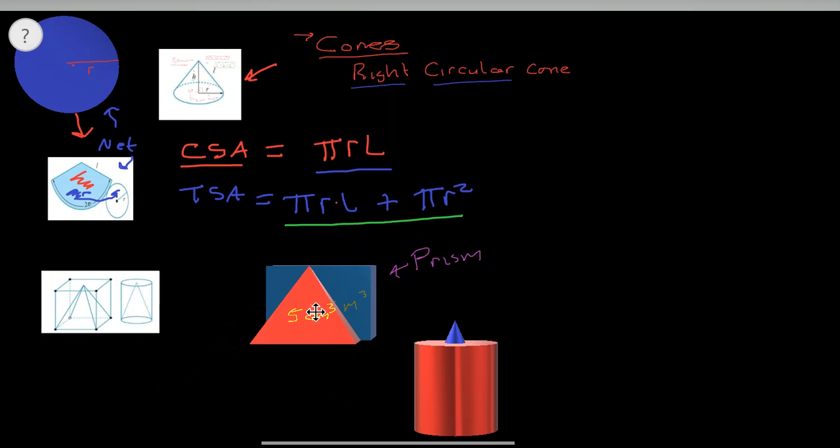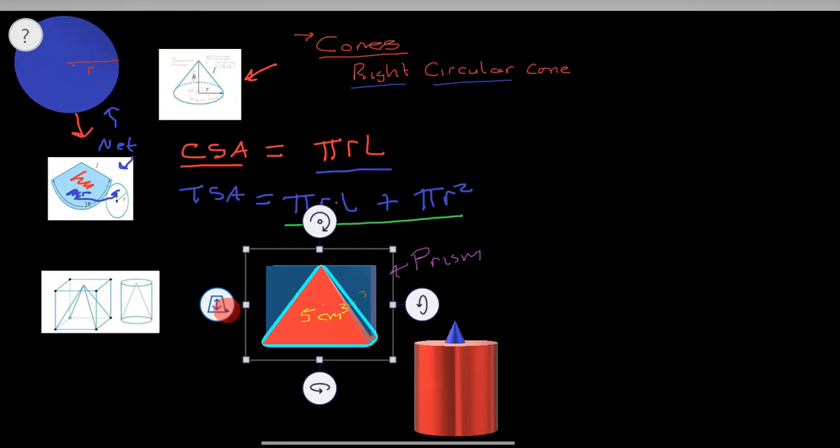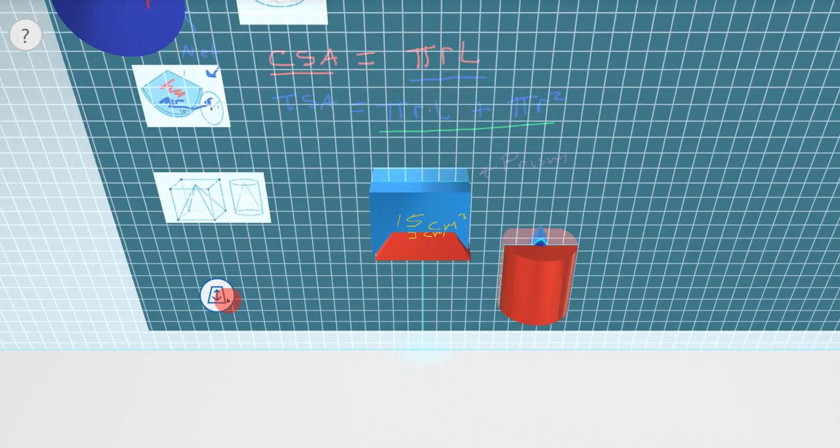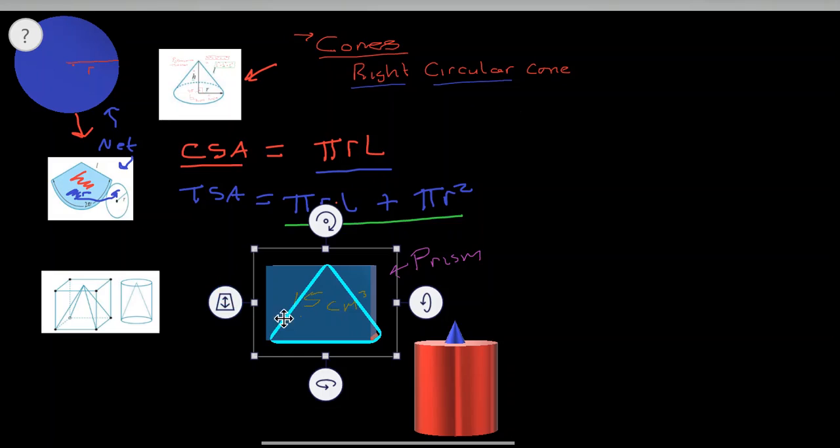So if you were to fit this in here, like so, what would happen? Okay, so it fits in there perfectly. So let's say your cube was 15 centimeters cubed, this is the prism, and then you took your pyramid and were able to fit that inside there perfectly.